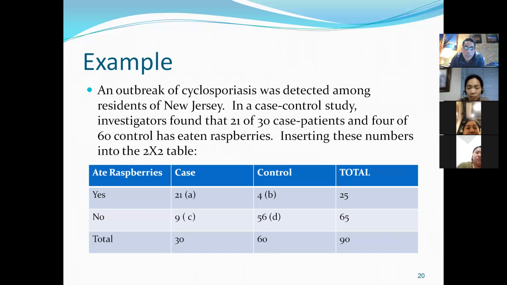As I said earlier, once you have a predetermined number of your row, the column cannot be more than the total of the row. So when you have 21 plus 4, that's 25. And when you have 9 plus 56, that's 65. Then the total here is 90. 25 plus 65 is 90. Now, the total for case and total for control is 30 and 60, and therefore it has a total of 90.